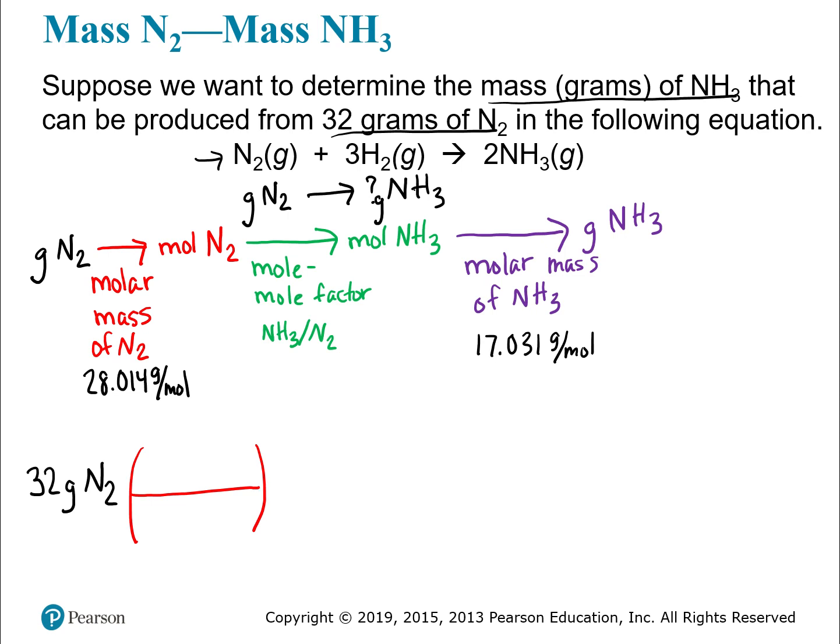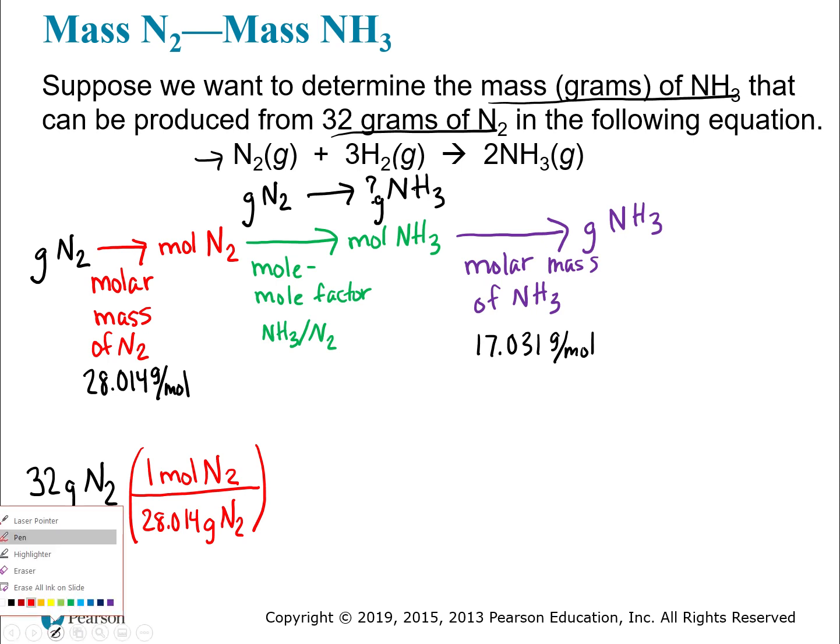The first conversion factor is going to take us from grams to moles of nitrogen gas. So if we were to stop there, we'd just have moles. We're not going to stop there.